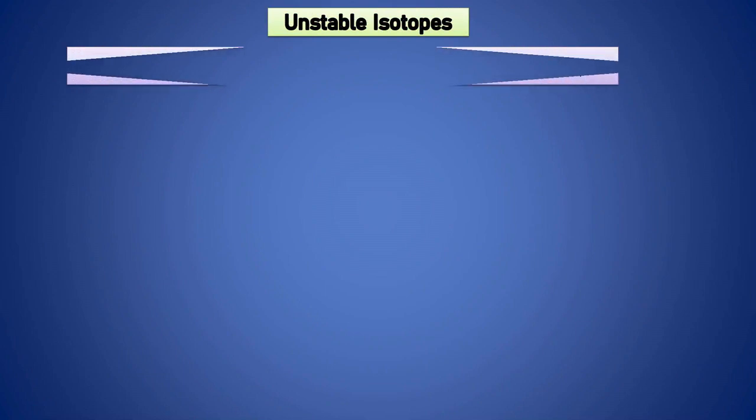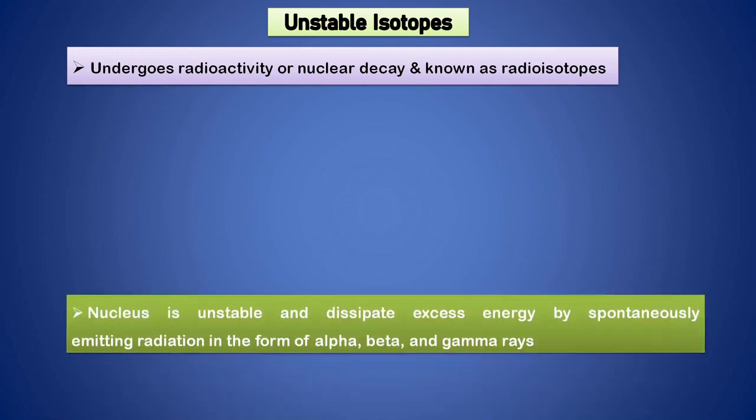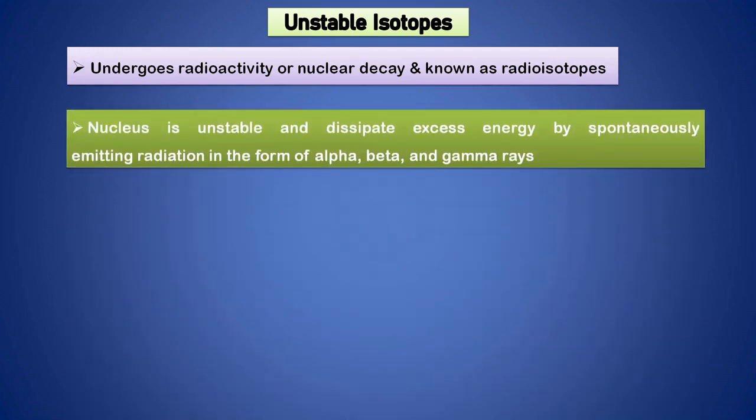Another type is unstable isotopes. Unstable isotopes undergo radioactivity or nuclear decay, so they are called radioisotopes. Unstable isotopes are also known as radioisotopes. In unstable isotopes, the nucleus is unstable because they contain an unequal number of protons and neutrons.